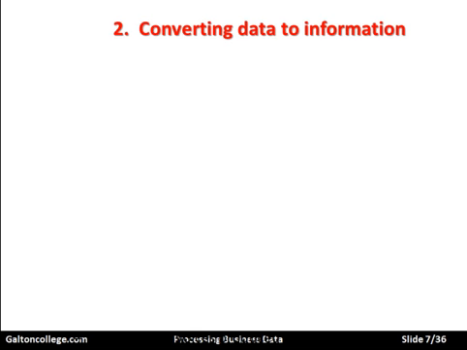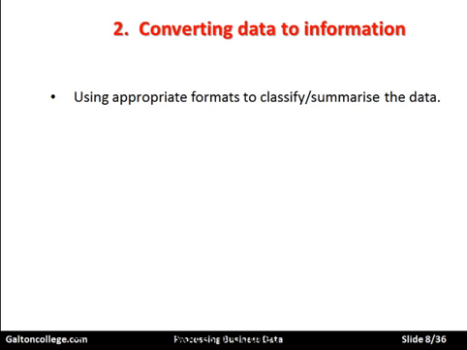So it's important then to convert data into information, because it's the information that's going to be used. The information tells the managers what the data is saying, what's the meaning of the data. So it's important to use appropriate formats to classify and summarize the data.